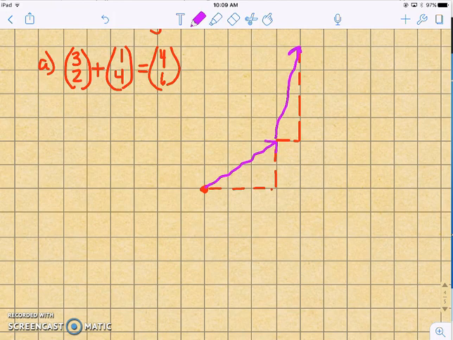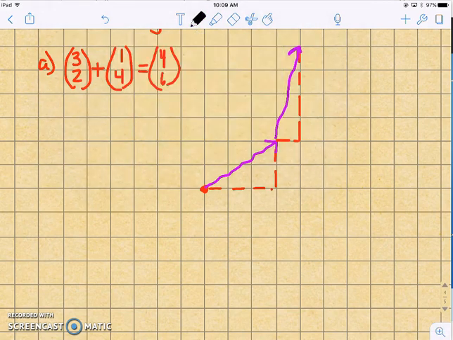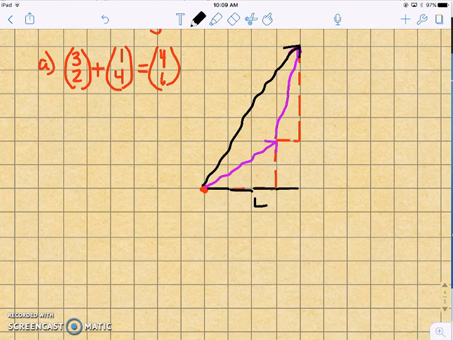There's our other vector. So what we're looking at is what do we get? What's the vector when we add these? Well, from tip to tail, we go from there to there, and technically this vector 1, 2, 3, 4, 1, 2, 3, 4, 5, 6. So that's how we go over 4, up 6.